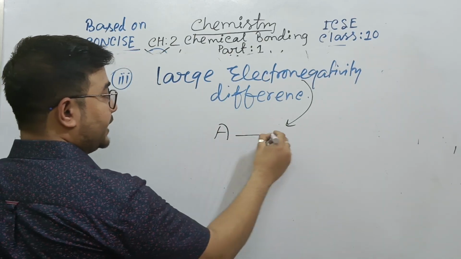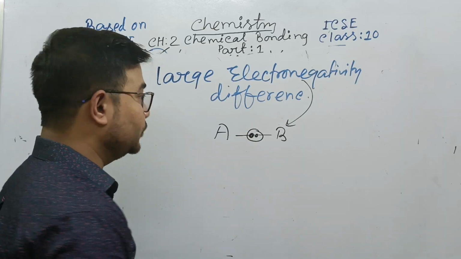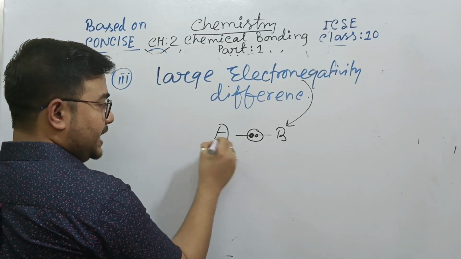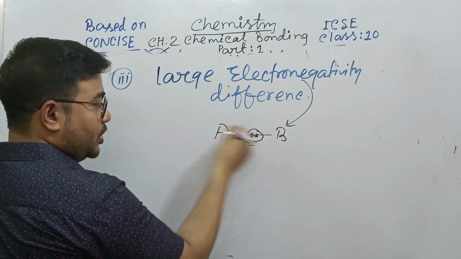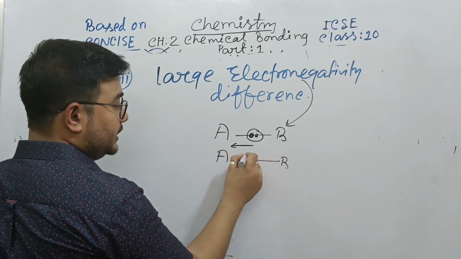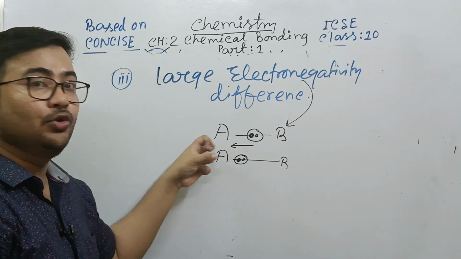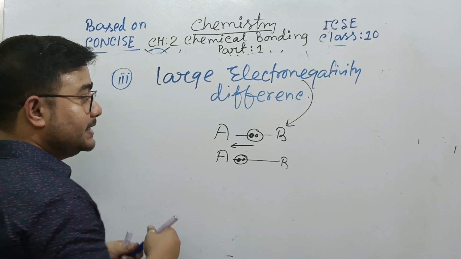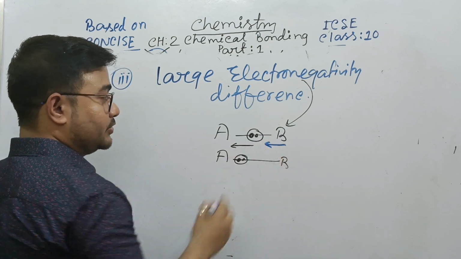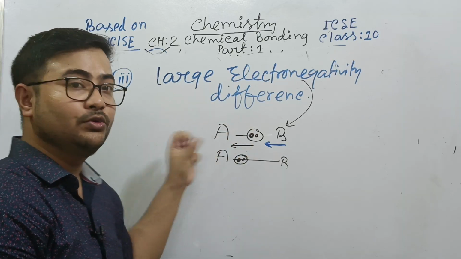If two atoms form a bond, the electron is present in between the bond. So electronegativity means an atom has a tendency to pull this electron towards itself. See here, A pulls the electron towards itself. So one atom has a tendency to pull, and the other atom pushes the electron. So only one atom has the tendency to pull the electron.